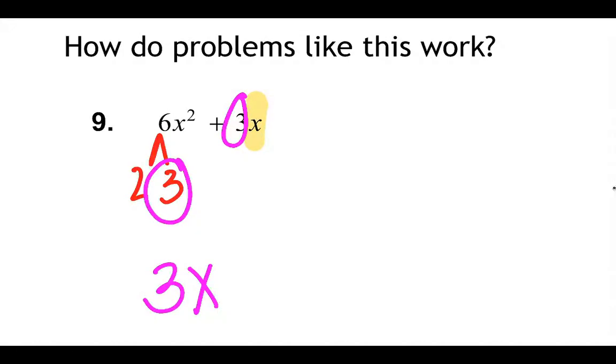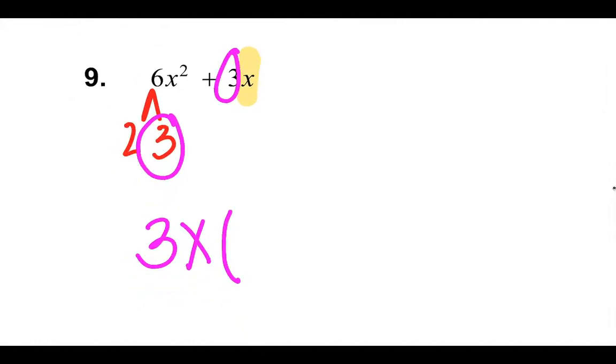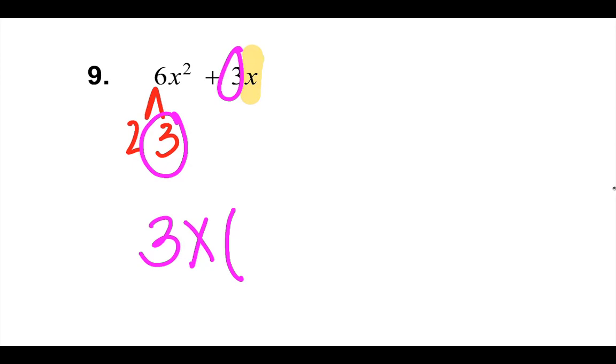Now, if I were to take a 3x out of 6x squared, well, right now I said it was 2 times 3 times x, and the other one was just 3 times x, right?